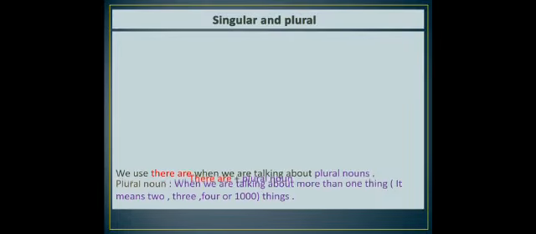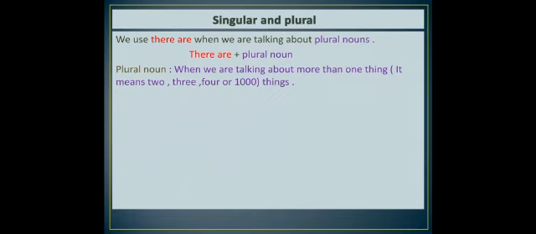Singular and plural. We use there are when we are talking about plural nouns. There are, and after it, we're going to use a plural noun. Plural noun is when we are talking about more than one thing. It means 2, 3, 4, or 1,000 things.